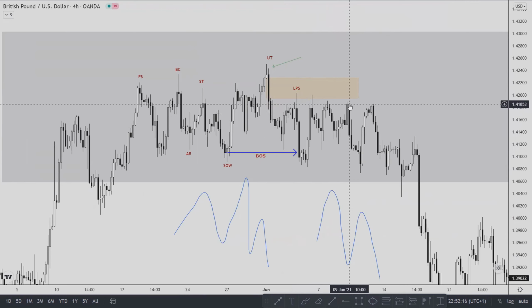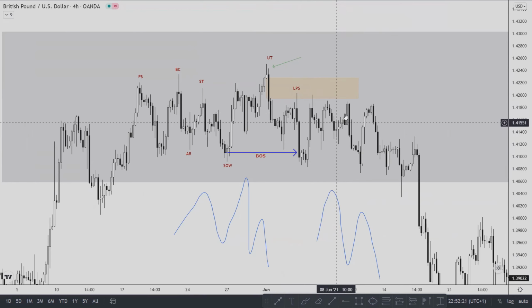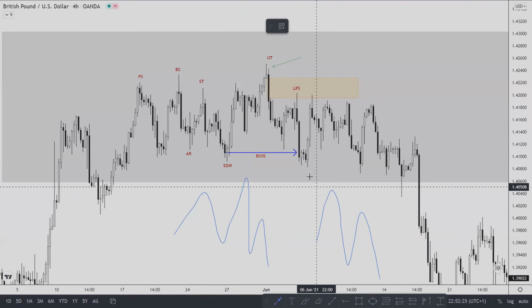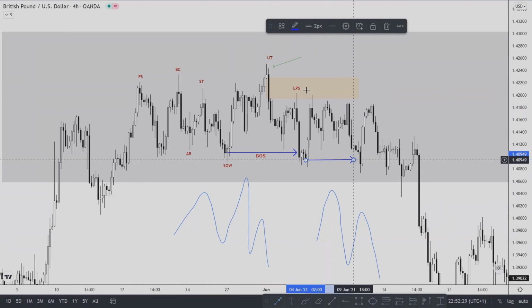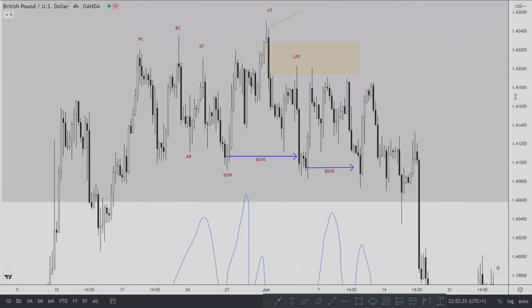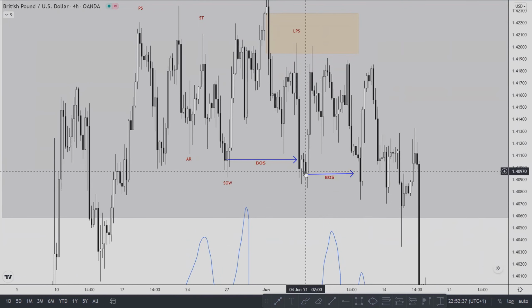Nothing. So as far as I can see, no clear, let's say, entry point, but we didn't have another break below this low here. So the candle bodies closed below the previous low.